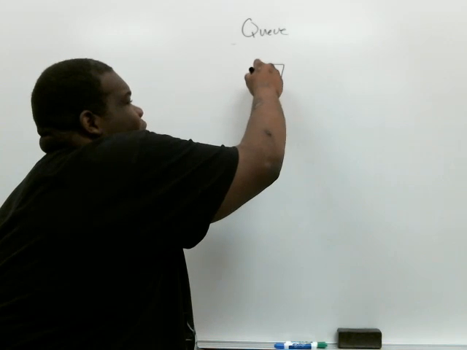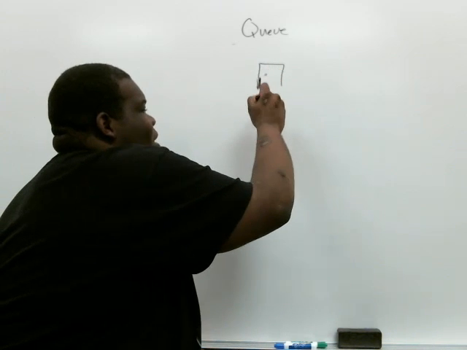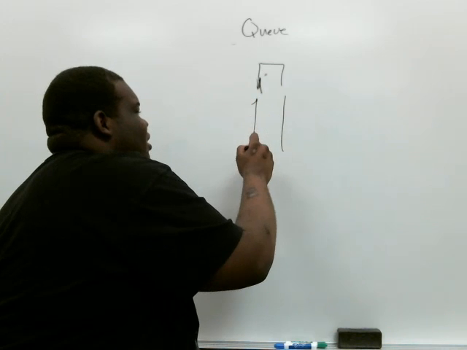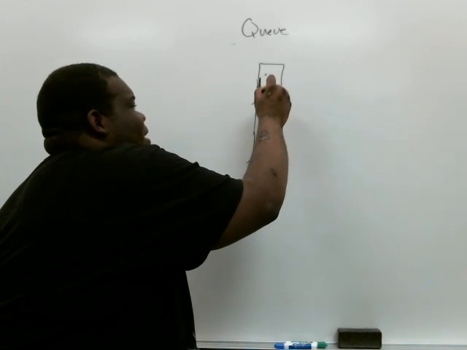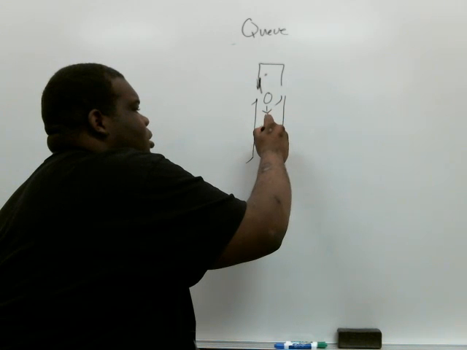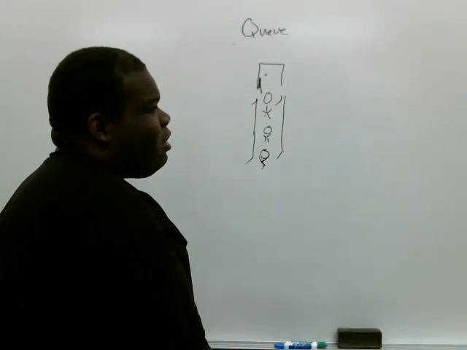Let's say we had one teller to make this a simple example. You had one teller and a little line, and you had people here, and they're all in the queue waiting for the teller.